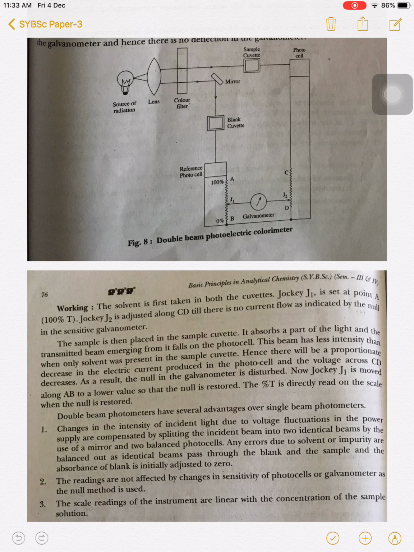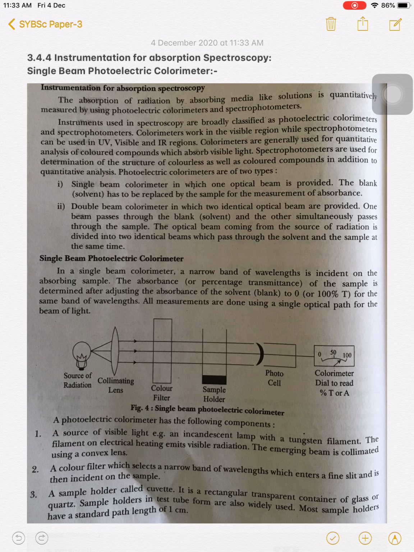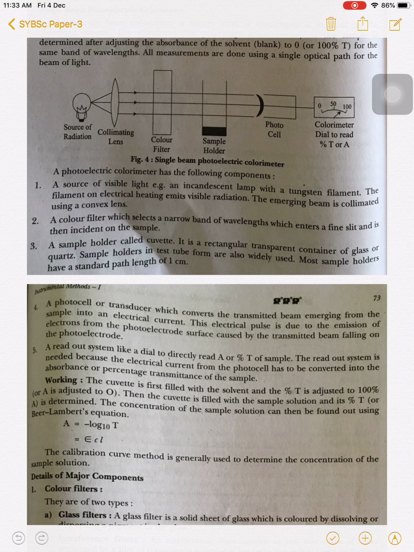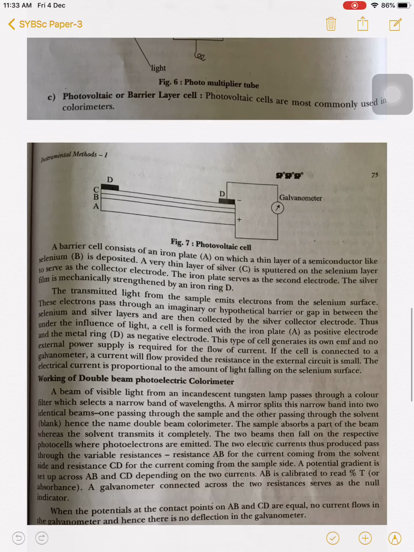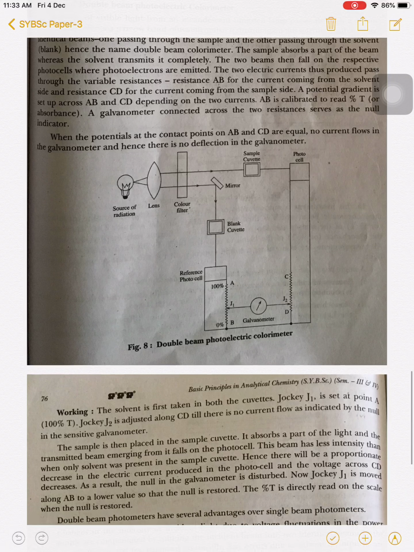So this is what we have just studied in this lecture. How absorption spectroscopy works, what is the difference between single beam colorimeter and double beam colorimeter, what are the components of the single beam colorimeter, how it works, then the double beam colorimeter working and its explanation.